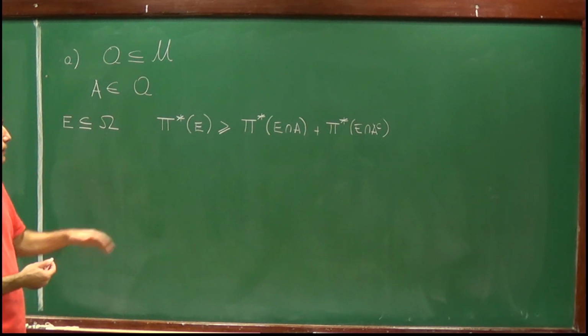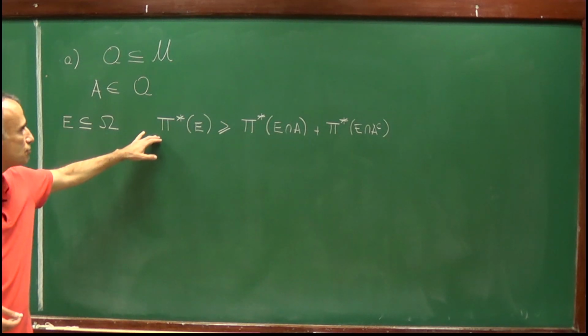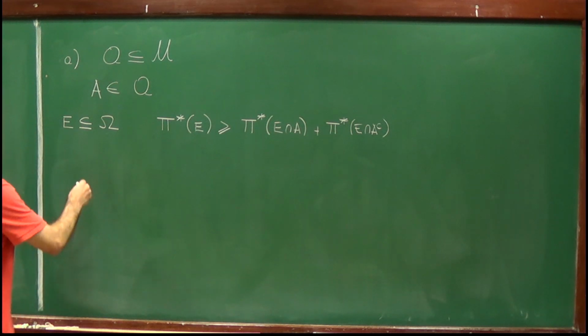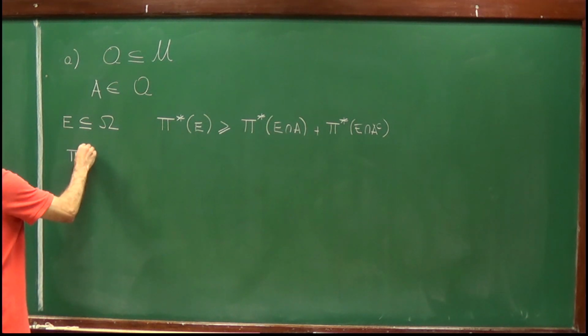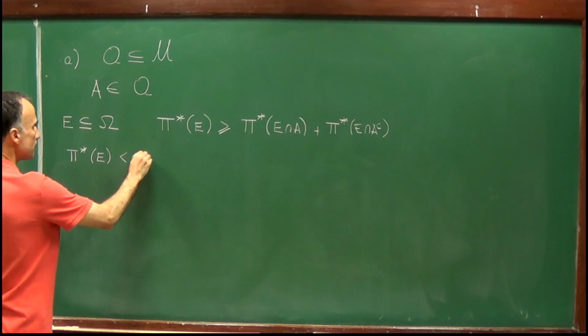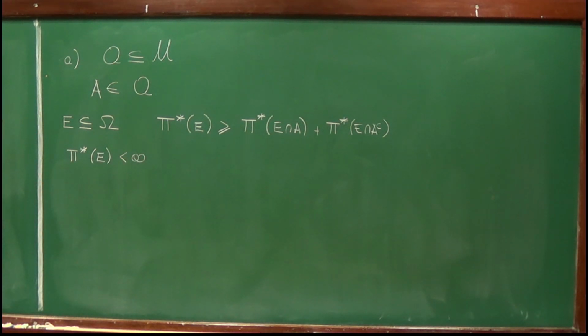Well, observe that this inequality holds trivially if P star of E is equal to plus infinity. So I may assume without loss of generality that P star of E is finite. Well, if P star of E is finite, I can find a covering which almost attains this infimum.